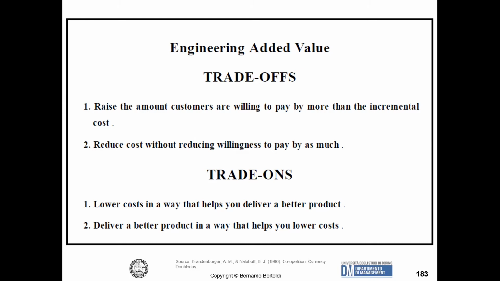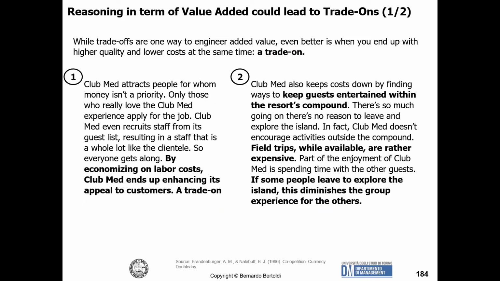Let's look again at a concrete example, because usually there is the issue of thinking that this is pure theory. The example is the Club Med case. And look at how Club Med is functioning.